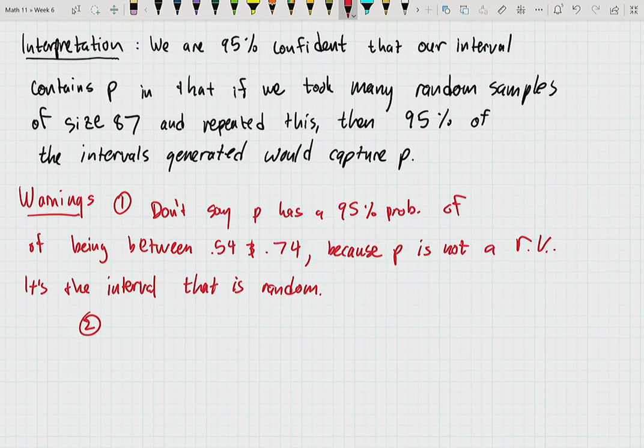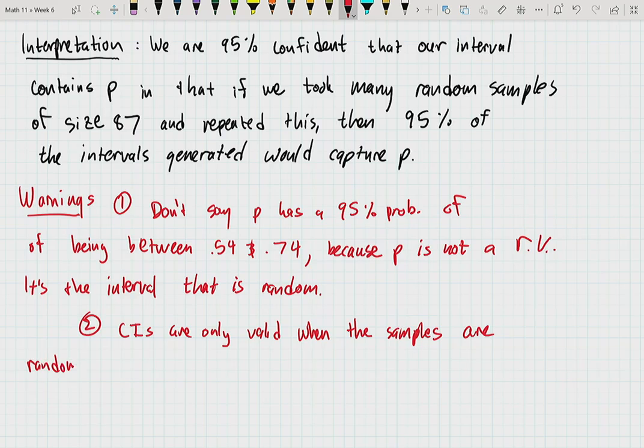And then here's another thing about confidence intervals. They're only valid when the samples are valid, when they are representative and random. I got the data for UCSD student thoughts about drinking ages from you guys, from Math 11 students who take my class, come to lecture and respond on Socrative.